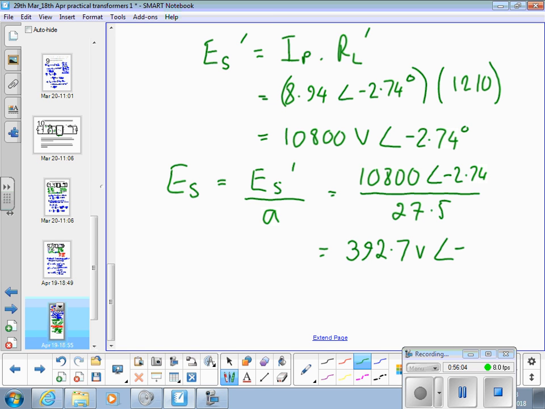And the angle is still minus 2.74 degrees.